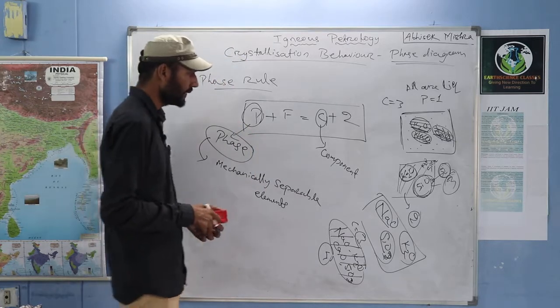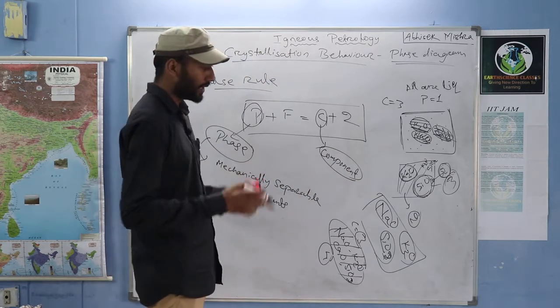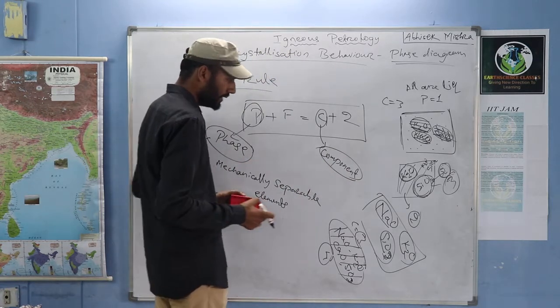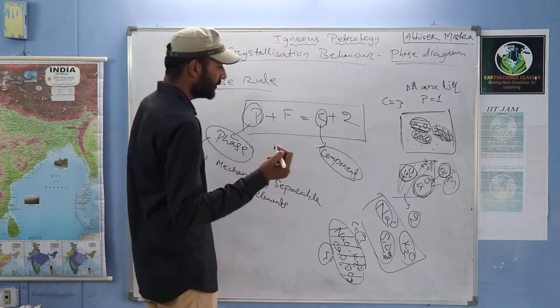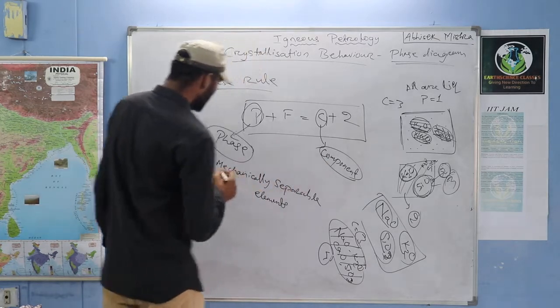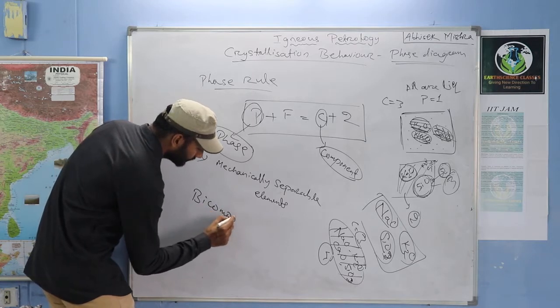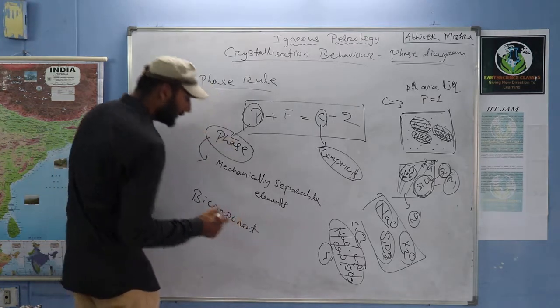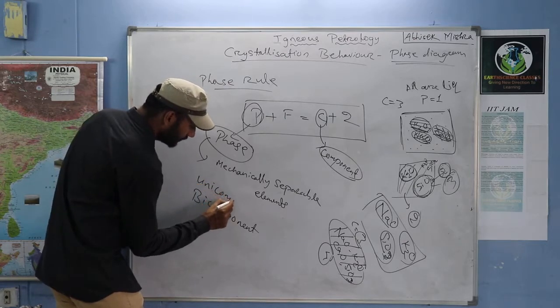Okay? And on the basis of component, as I have told, the magma has so many elements, but we are considering either 2 or 3. If we are considering 2 elements or 2 components, we name it bicomponent. If we are considering only 1 element, we name it a unicomponent system.